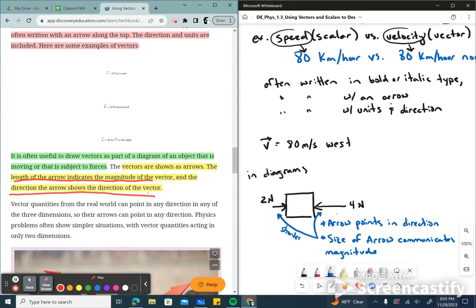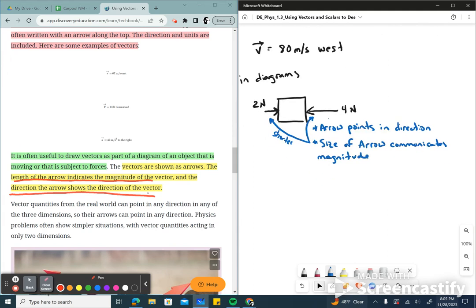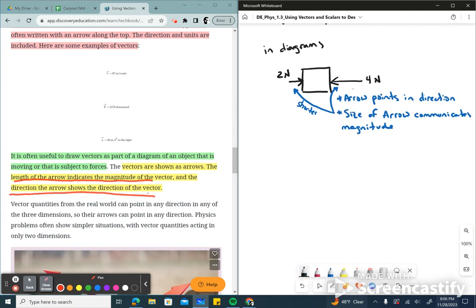You may draw it in a different way. We may say that you've got a person who is shooting a bow and arrow. Maybe they've got a bow, right? And they're going to pull back their arm, and they've got an arrow.